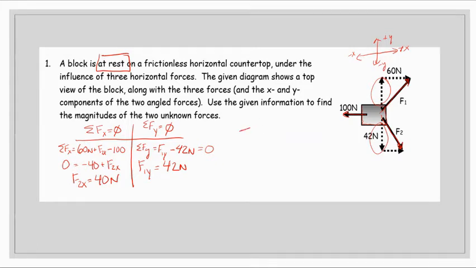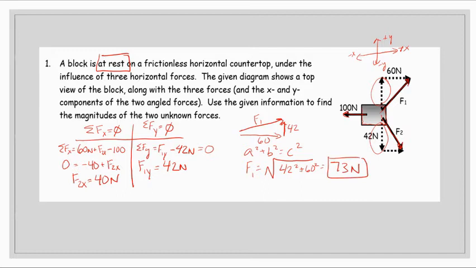If we remind ourselves, F1 is right here, and we know F1 in our Y is 42 and 60. So if we look at that, a squared plus b squared equals c squared. F1 is equal to the square root of 42 squared plus 60 squared. That's going to end up giving us a value of 73 newtons.